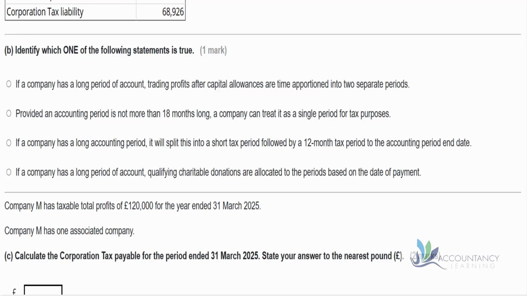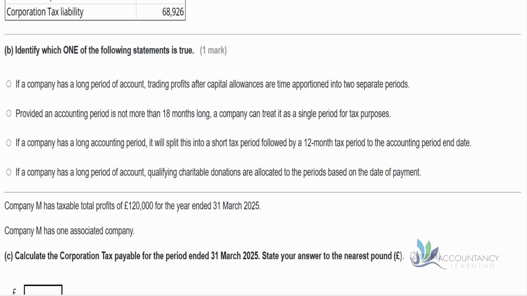Now we will have profits, we will have a variety of gains, so we need to work out how we are going to split all those different types of income and gains between the two periods. Trading income before capital allowances is just time apportioned.